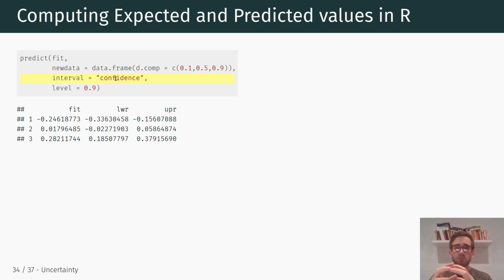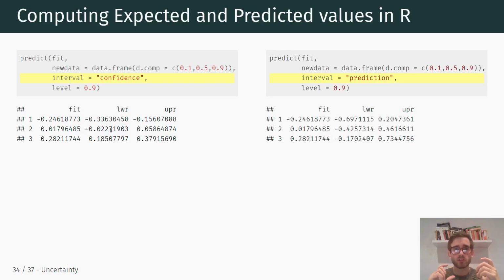That confidence interval tells R that we want to examine the uncertainty around the expected value, which is the lower and upper bound of, in our case here, the 90% confidence interval over repeated sampling procedures, how much the expected value for x being equal to 0.1, 0.5, and 0.9 varies across repeated sampling procedures.